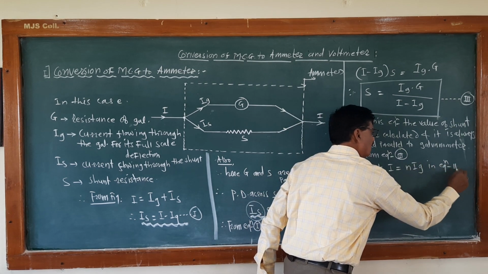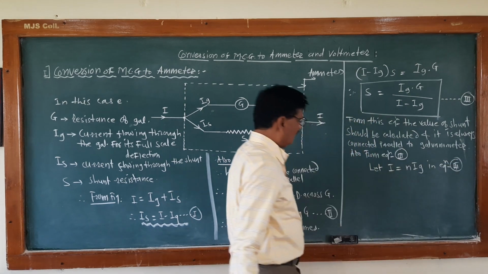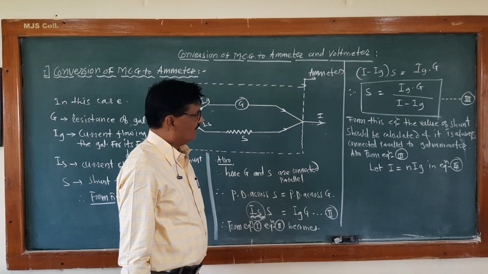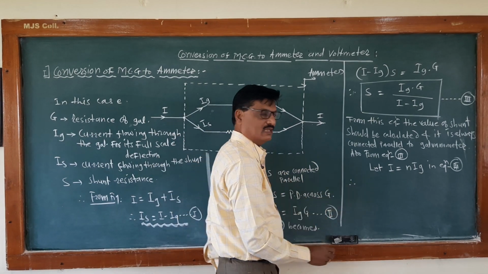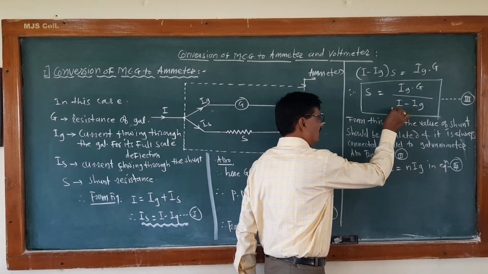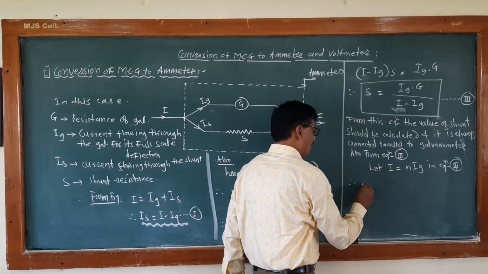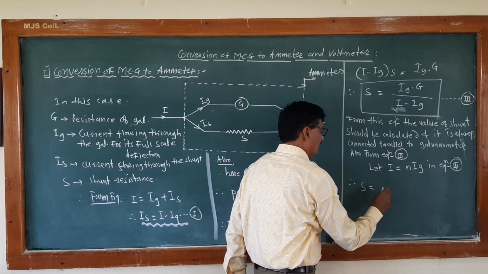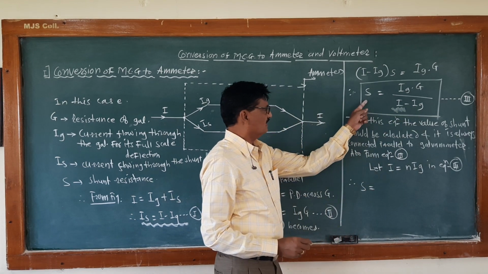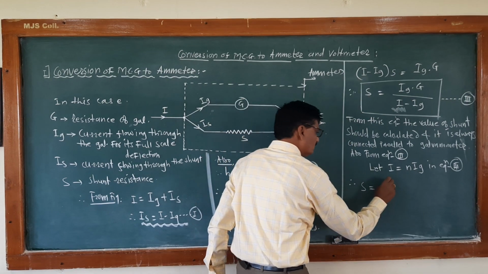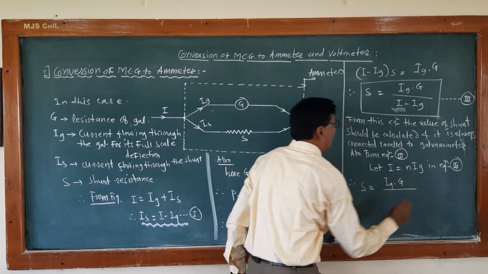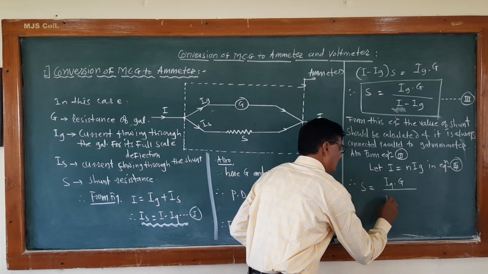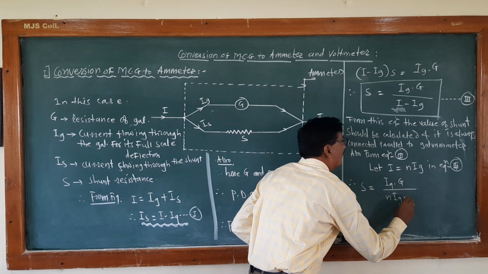If you substitute I equal to N times Ig in equation number 3, then S is equal to Ig G divided by N times Ig minus Ig.